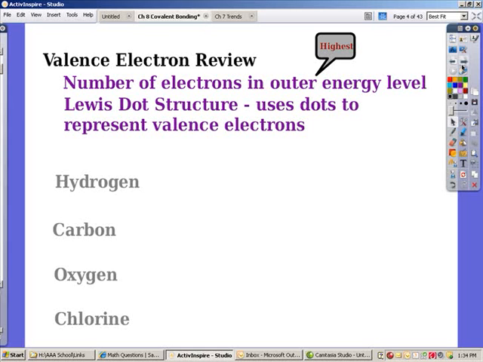So as review, you might want to go back and check out how to determine the number of valence electrons for these elements. Why don't you take a second and see if you can draw in the number of valence electrons for each of these elements that I have listed using a Lewis dot structure. I'll give you a little time. You can press pause, and then when you come back, I'll share my answers with you.